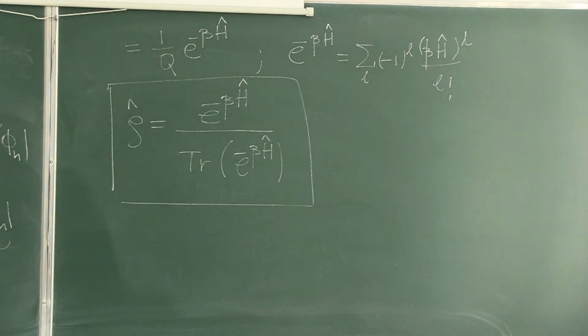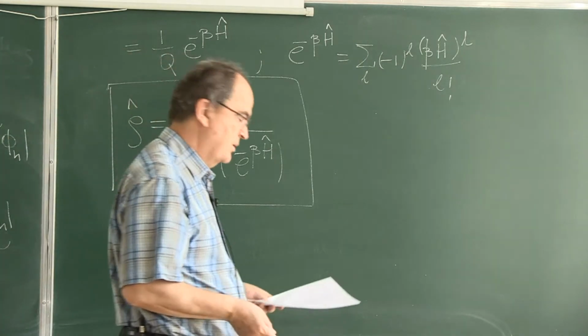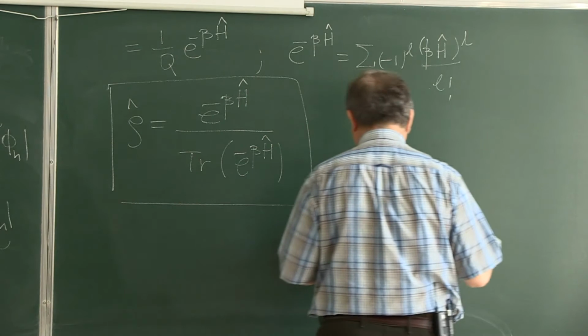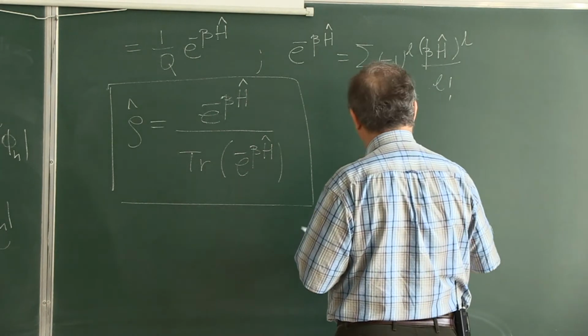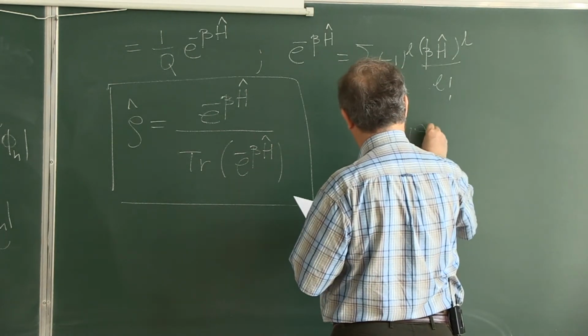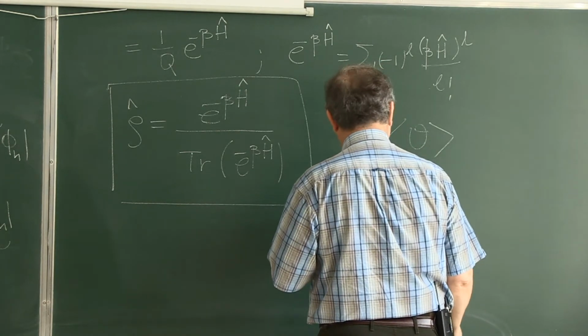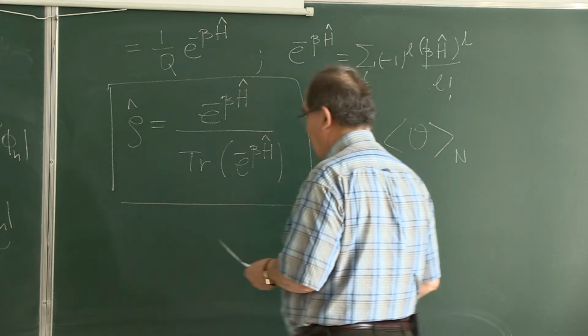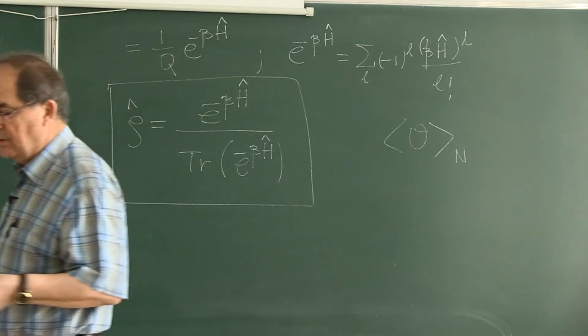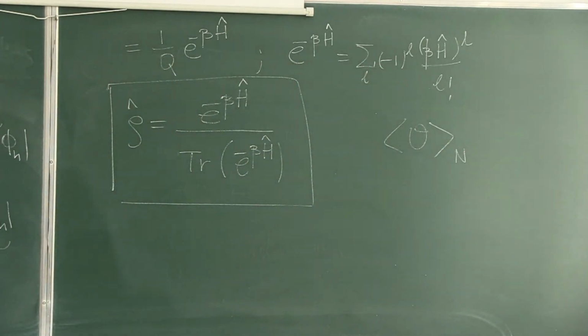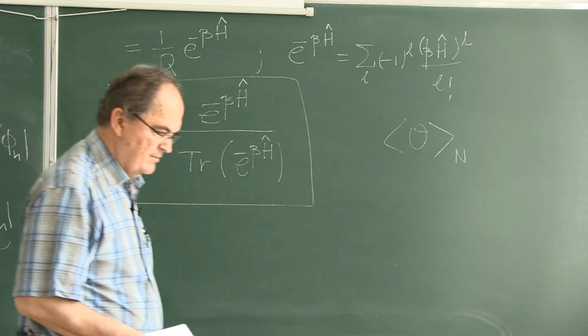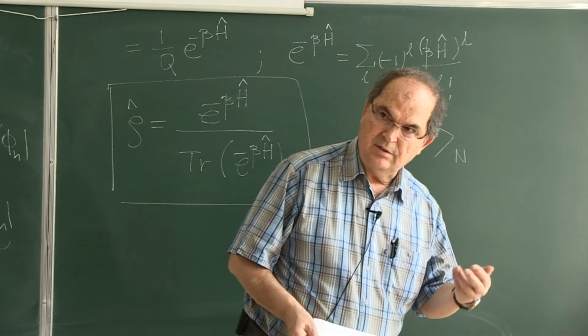And if you want to find the average value of any operator, or the expectation value of a physical quantity, you can take the average of this with a constant number of particles N, since we are in the canonical ensemble.